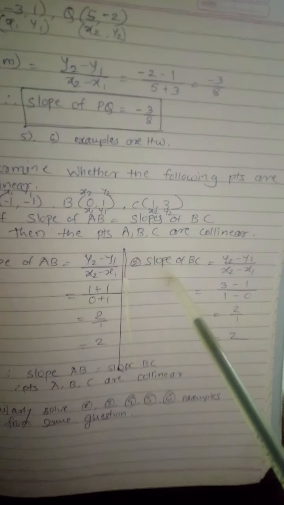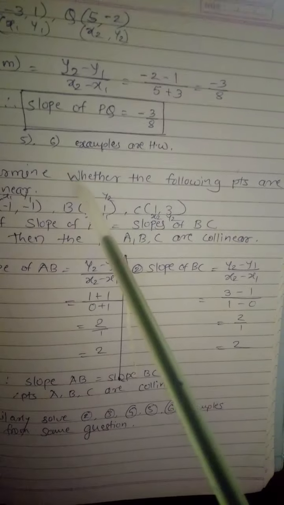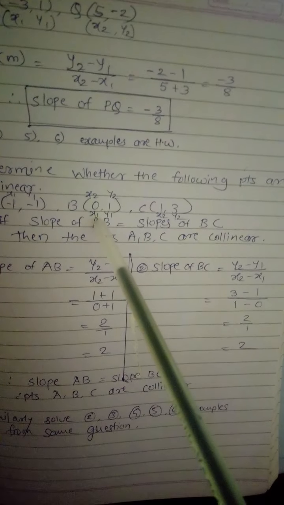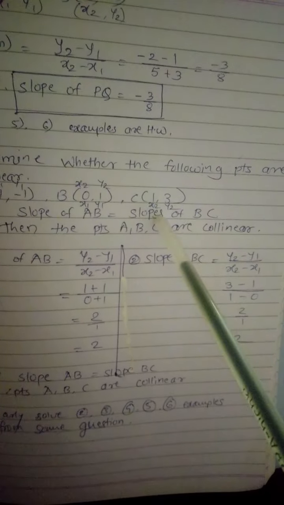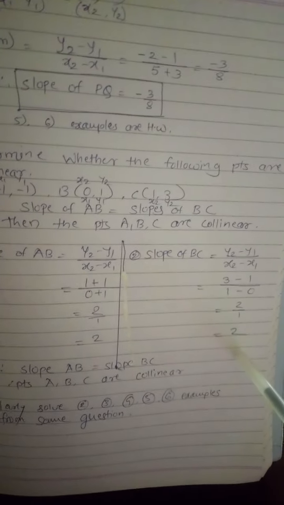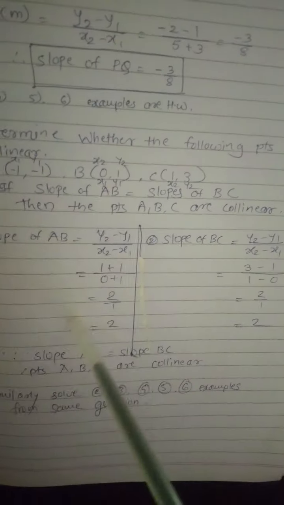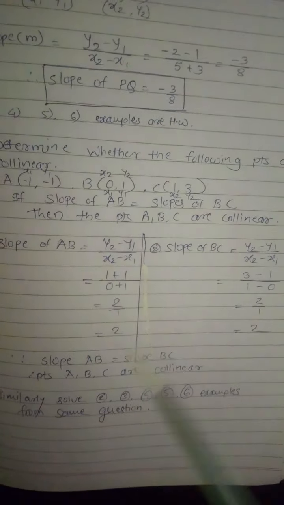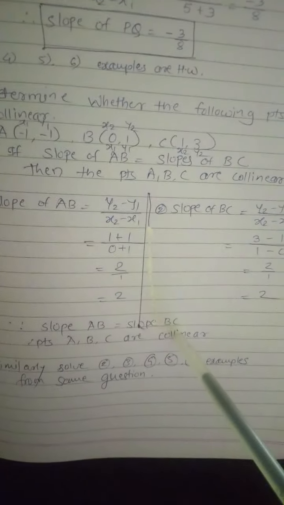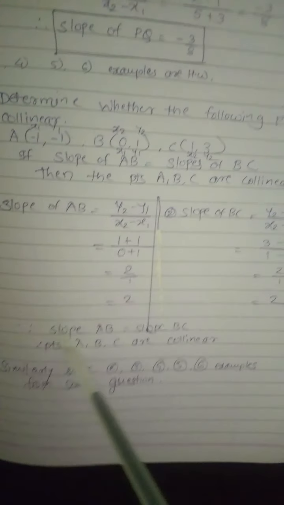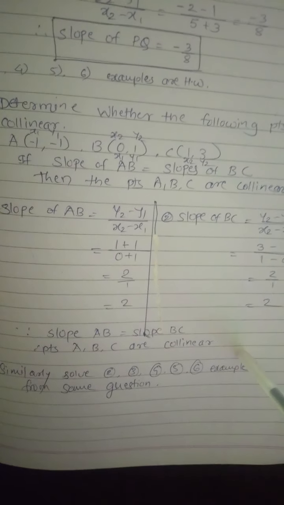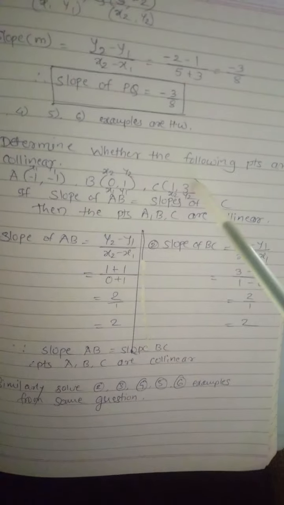Again we have to find the slope of BC. For B consider x1 y1 and for C x2 y2. Putting in the values we get the same slope, 2. Since both slopes have the same answer, the slope of AB is equal to the slope of BC, so the points A, B, C are collinear. Again this question, question number 3, consists of 6 examples. So you have to solve the remaining questions like this one.